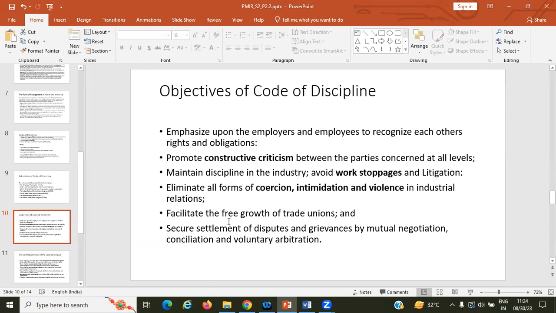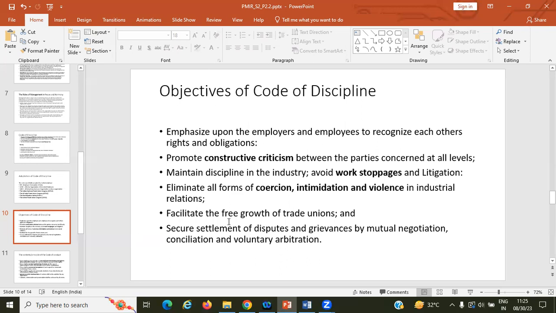Maintain discipline in the industry to avoid work stoppage. Yesterday we discussed several things like strike, lockout, gherao. Those are nothing but work stoppage. So why is a person doing a strike, why is a person doing a lockout, why is a group going for a strike?